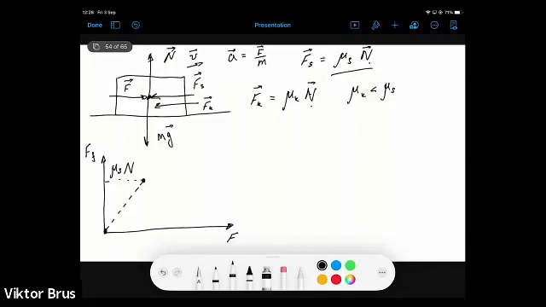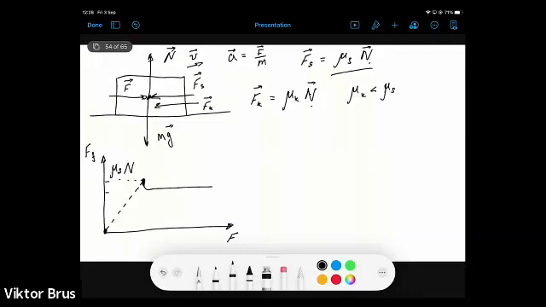Then it will go very rapidly here. This is the moment of the start of motion of this body. It will go a little bit down and then saturate.